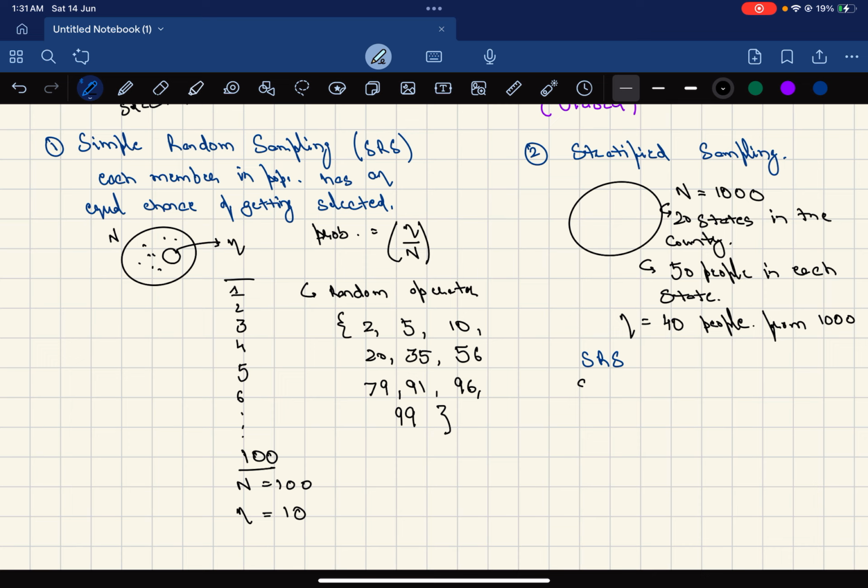So for example, let us say we have states A, B, C. Let us say we take an example of 3 states here, and the number of people in population and number of people in sample.